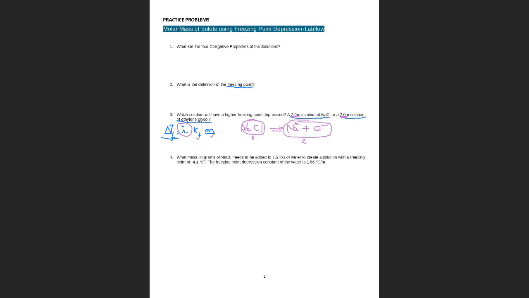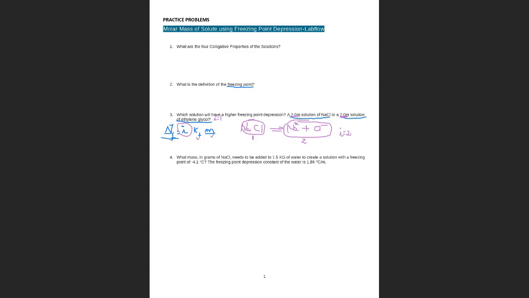So the Van Hoff factor for sodium chloride is 2, because in the solution, you have 2 particles. But the ethylene glycol will not dissociate. It's not an electrolyte. So for ethylene glycol, the Van Hoff factor is just 1.